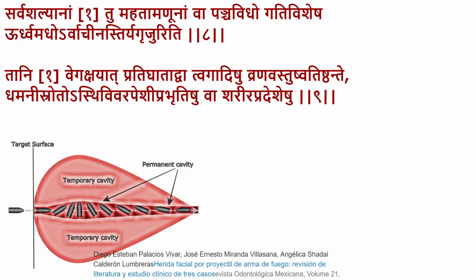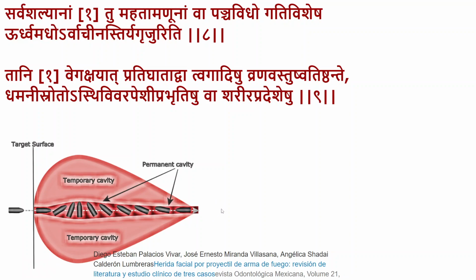So if a foreign body hits the body, it could be a bullet. Now I have shown the example of a bullet. There are many possibilities. One possibility is if the momentum is quite high and it has gone through soft tissue, it may just pass out. So you will have a wound of entry and a wound of exit, which you have studied in jurisprudence.